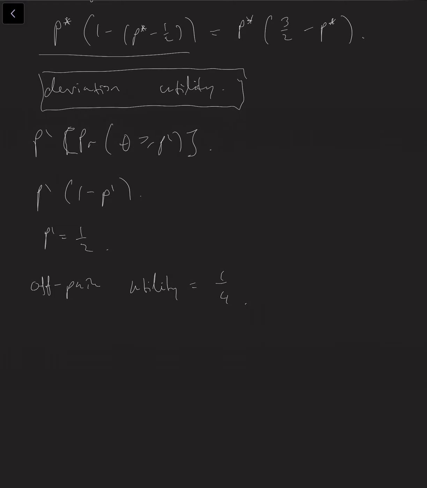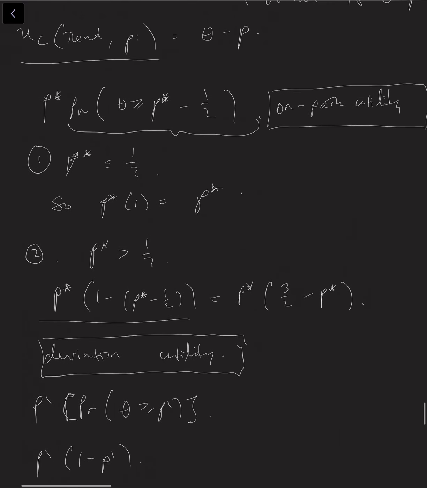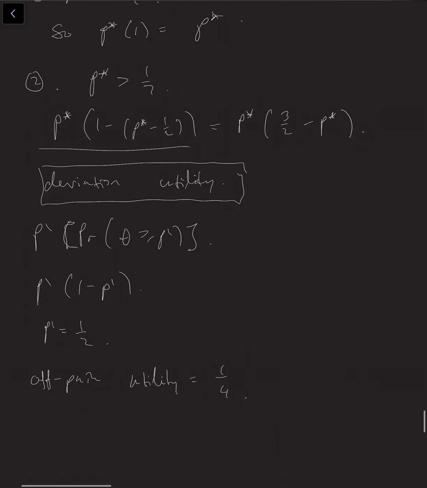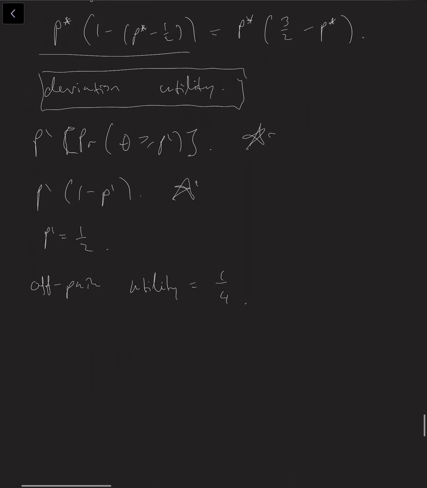We said that they believe that the flat is low quality type, with probability 1, and so then they behave in this manner. Now if they behave in this manner, then Mary's expected utility from offering P prime, that is to say from deviating, is equal to this, which we said is equivalent to this. And then of course she wants to maximize that off path utility. She does that by doing this.